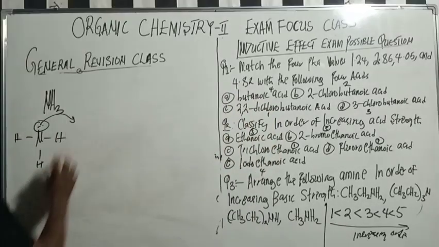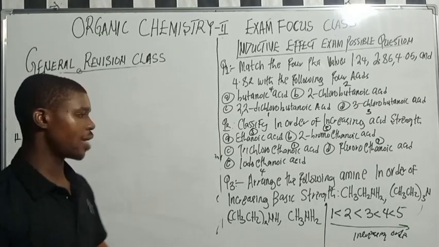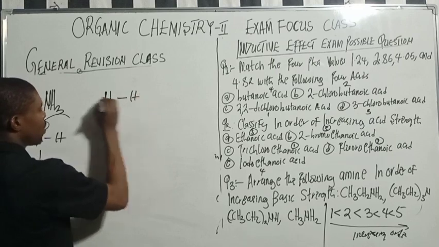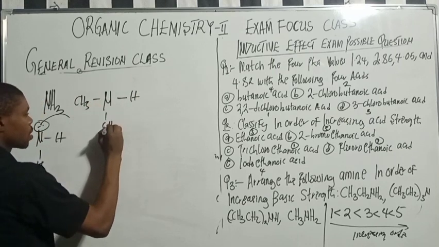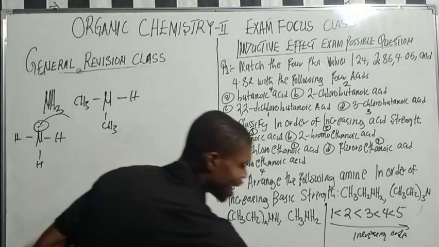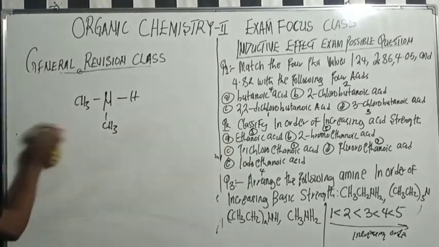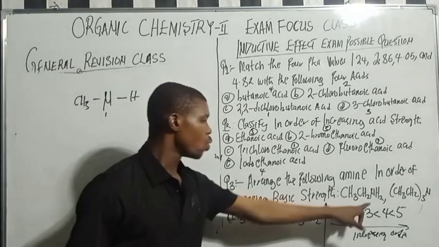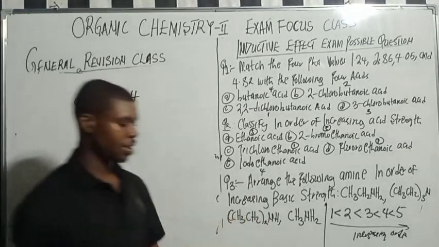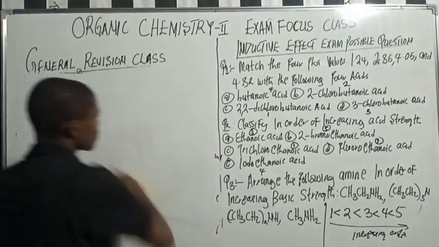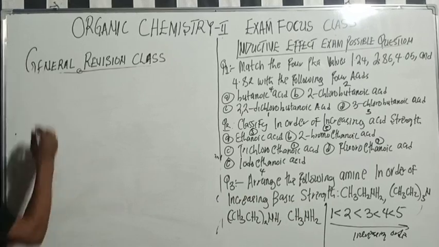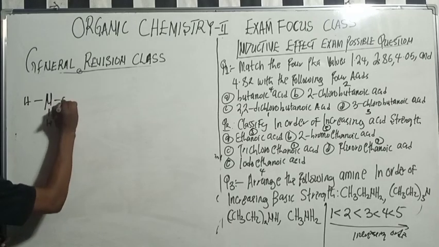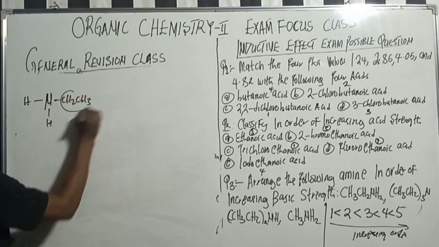Now if you check it very well, here we have the first one, nitrogen with one hydrogen and three methyl groups. Can you see that? The first one is one nitrogen, two hydrogen and one ethyl group.